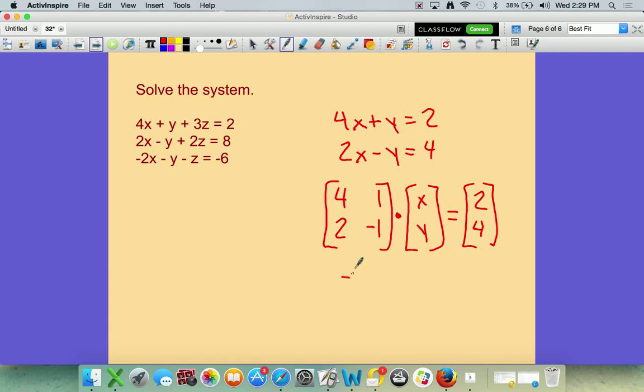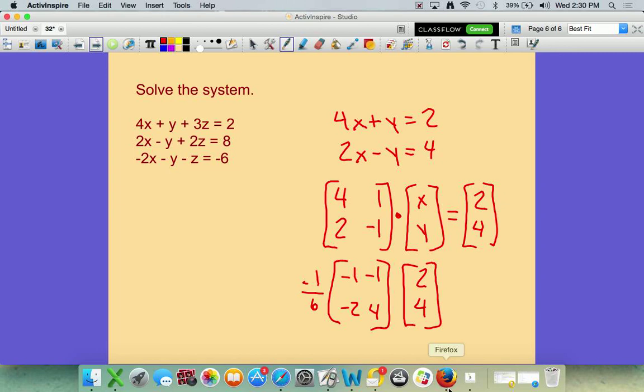So, -1, 4, -1, -2, and then determinant, so -4 minus 2 would be -6. Alright, so we'd have this whole thing times -1/6. Alright, and then you could multiply this -1/6 times this, and then multiply it by 2, 4.